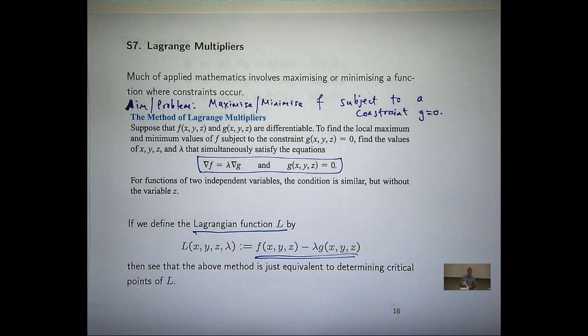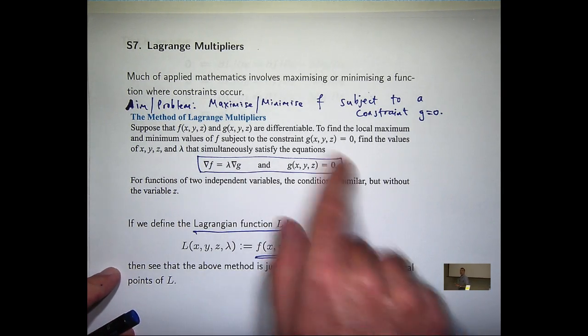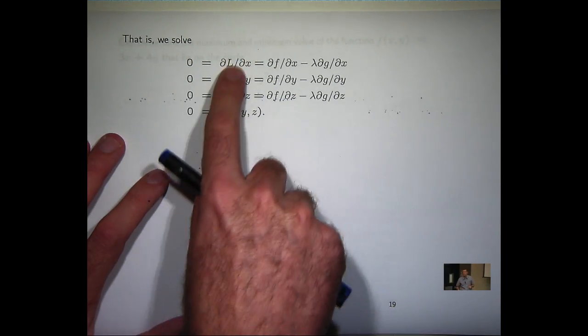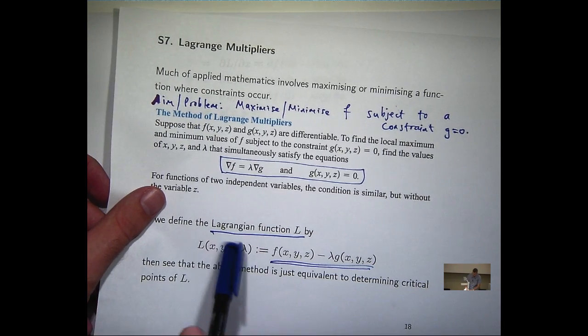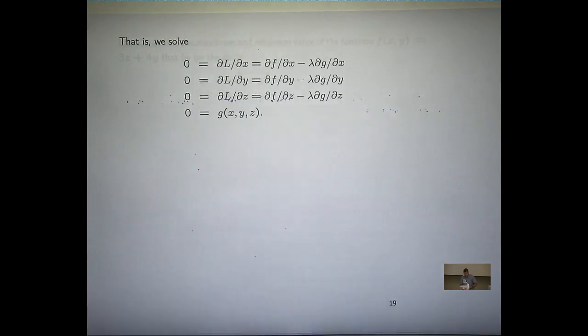And the boxed equations, solving those is just equivalent to finding the critical points of this Lagrangian function, L. So you can either work with this and this, and then you've got 2 or 3 equations there and 1 equation there. Or essentially just differentiate partially with respect to x, y, z, and lambda and set them all equal to 0.